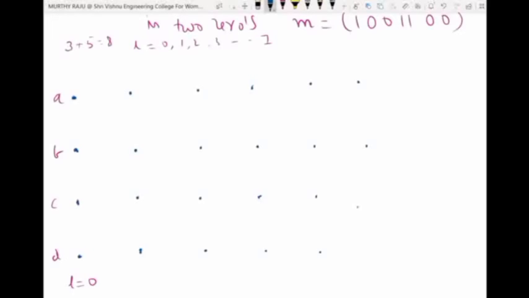L is equal to 5. L is equal to 6. And L is equal to 7.